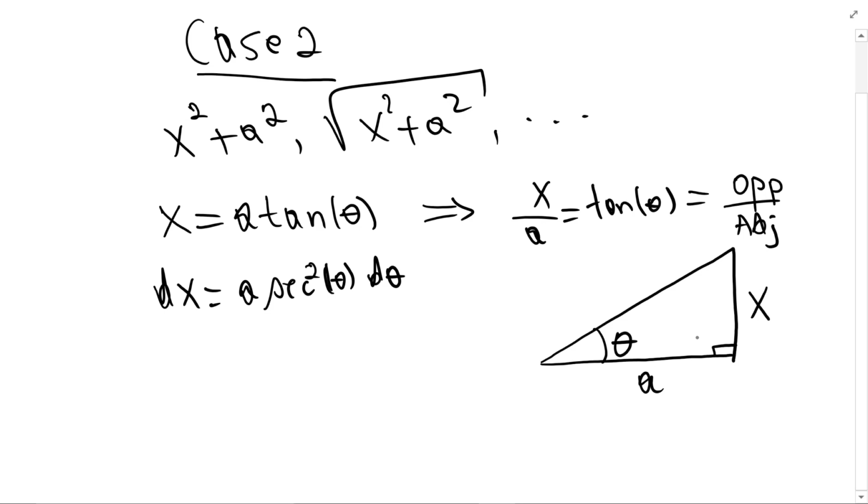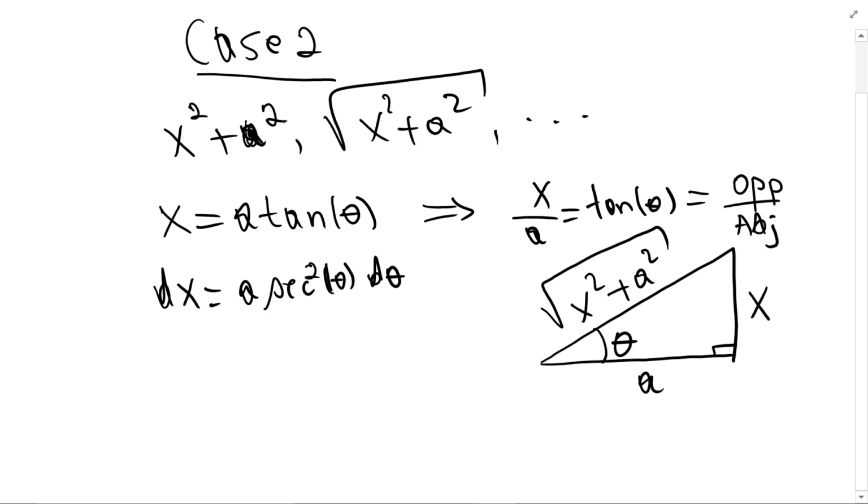Using the Pythagorean theorem, we can find the hypotenuse by squaring x, adding it to the square of a, and then taking the square root. So hence we have a right triangle, and we're going to use it in order to change the theta expression back to an x expression.